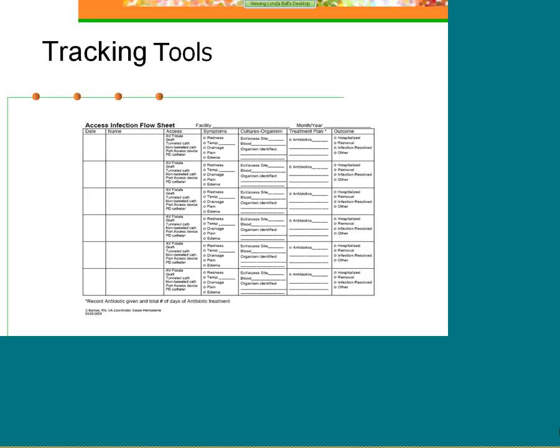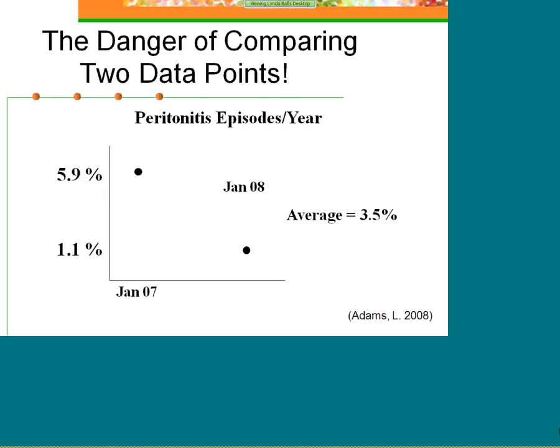So it's a nice, easy little check box, which makes things really quick. And then the culture organism, and what the treatment plan is, what antibiotics you're giving, how frequently you're giving them, and then what the outcomes were for that particular infection. So this is a monthly sheet that you can utilize for patients who have access infections.